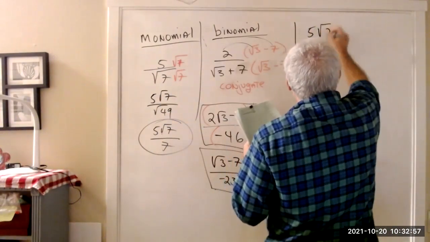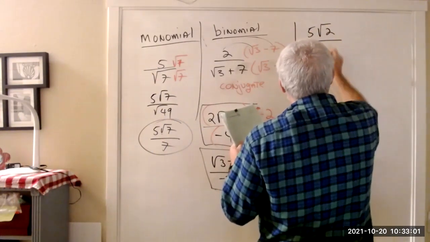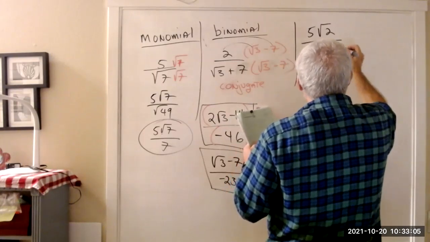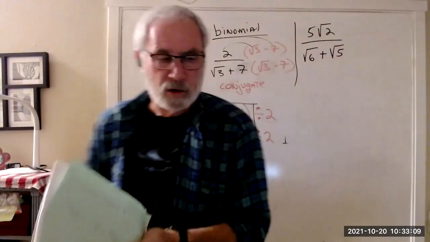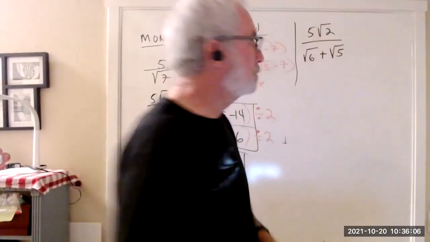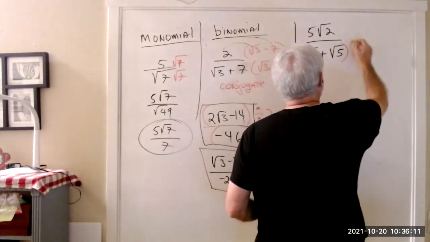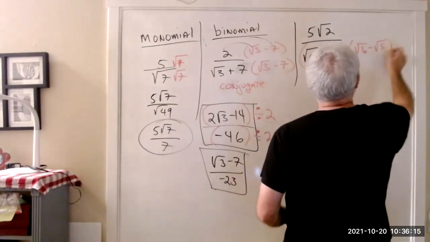Five radical 2 over square root of 6 plus square root of 5. Okay. Try that one. Okay. So the conjugate is the square root of 6 minus the square root of 5.